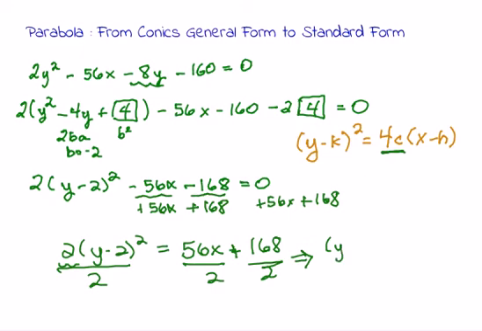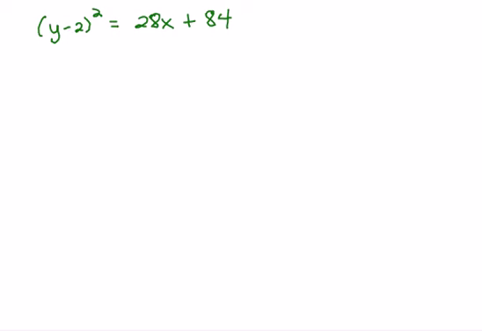That's going to give me y minus 2 squared equal to 28x plus 84. Okay, so I went to a new page. Here's where we are now. And remember our standard form, y minus k squared equals 4c times x minus h.